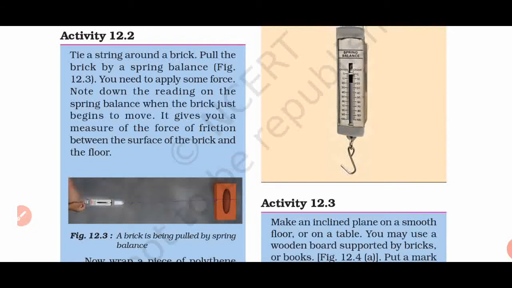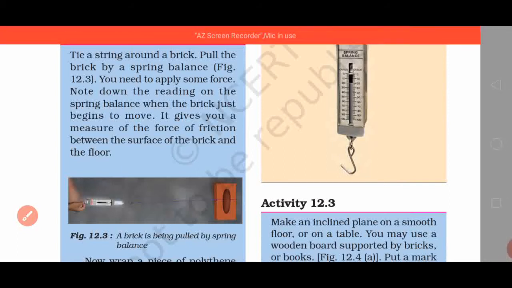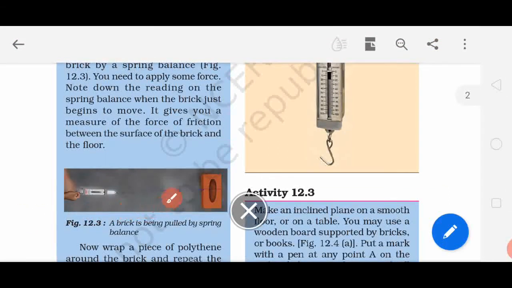When the brick just begins to move, the reading will appear here. It gives you a measure of the force of friction between the surface of the brick and the floor. This will tell you how smooth or how rough this surface is.